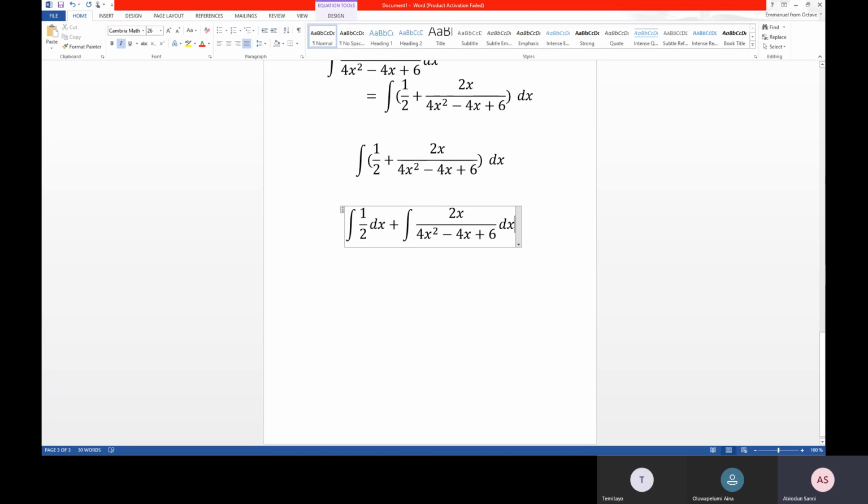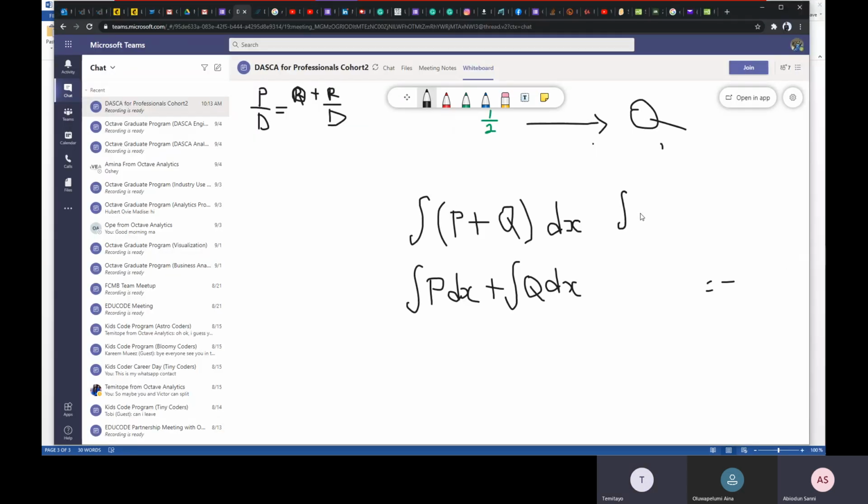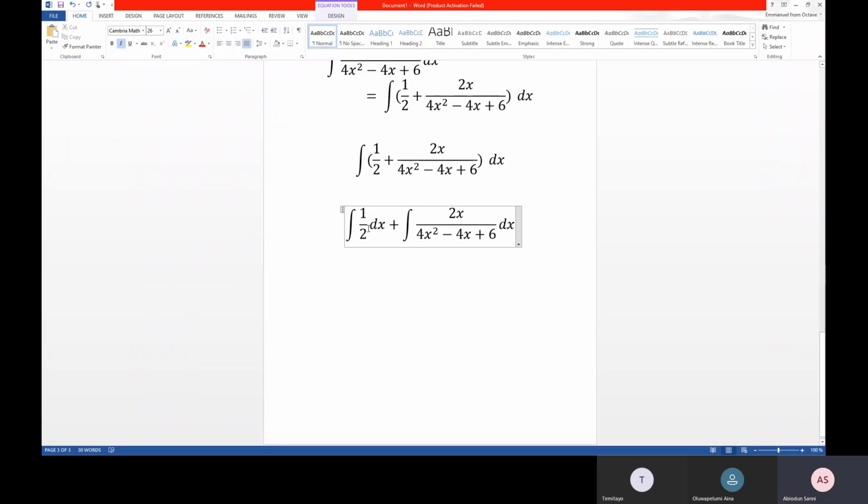If you integrate a constant a with respect to x, where a is a constant, the answer is ax. So this one is going to be half x. It means this part of integration is done. Now it's left for us to integrate this one. This is now our headache.